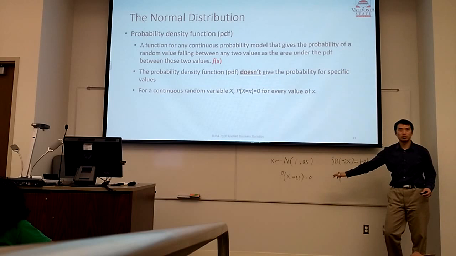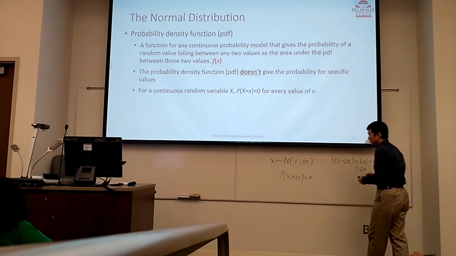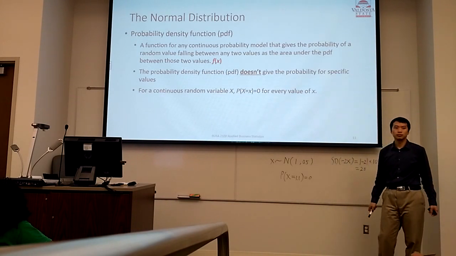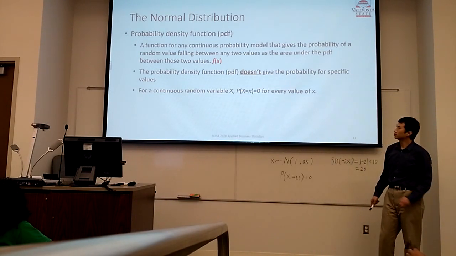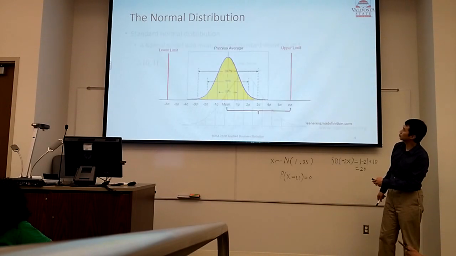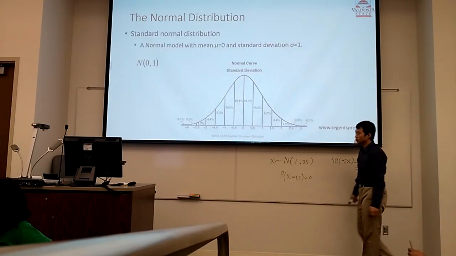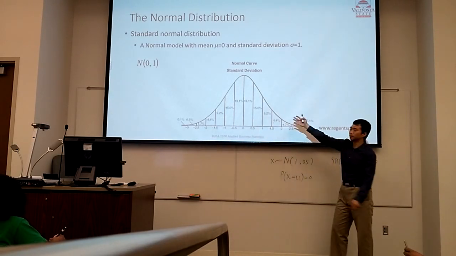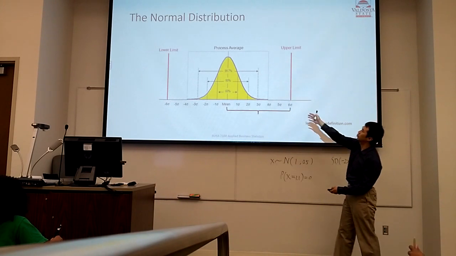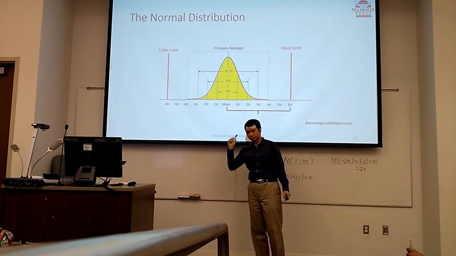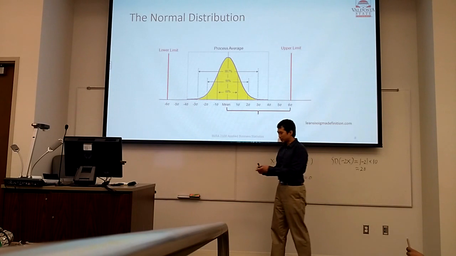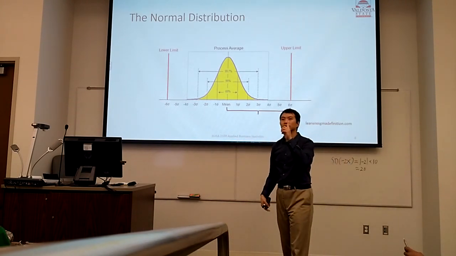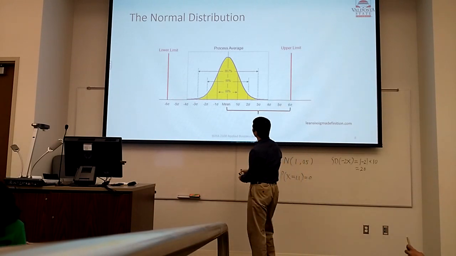Why is this true? So let's look at this curve. This is a regular normal distribution. We know that the whole area under the curve is equal to 1, right?